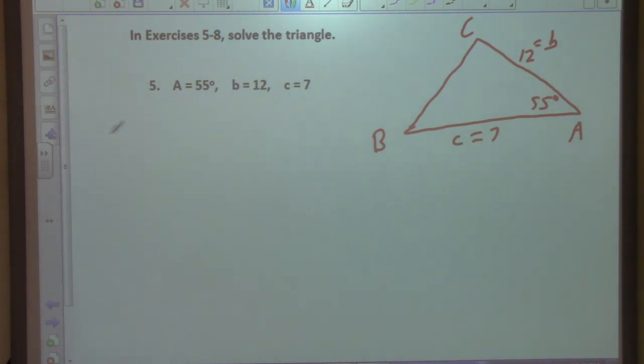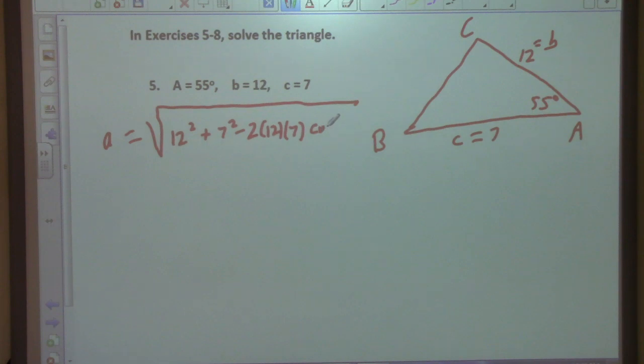And so what I have here is this thing squared here, which could be anything. I'll call it little a. So A is going to be equal to, and I had you write the formula, didn't I? So what you do is you just take these sides here, you put 12 squared plus 7 squared minus 2 times 12 times 7 times cosine of 55 degrees. Okay? Does that make sense? Okay, so that's how you would do that one.